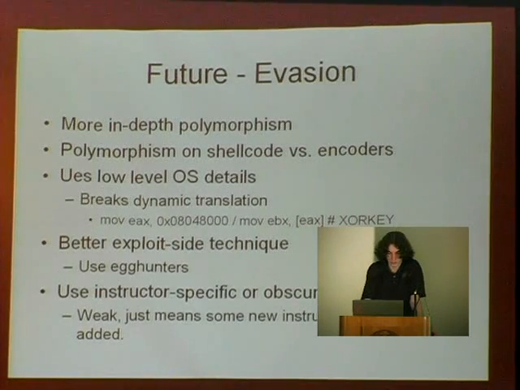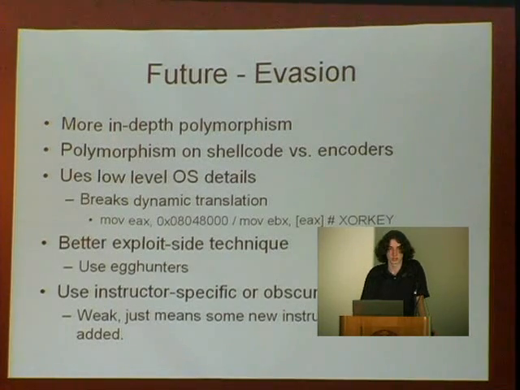Let's skip the better exploit-side technique for now. Using processor-specific or obscure instructions may be useful for breaking dynamic translators temporarily. Dynamic translators are going to understand the basic instructions. They're going to understand XOR. They're going to understand move.